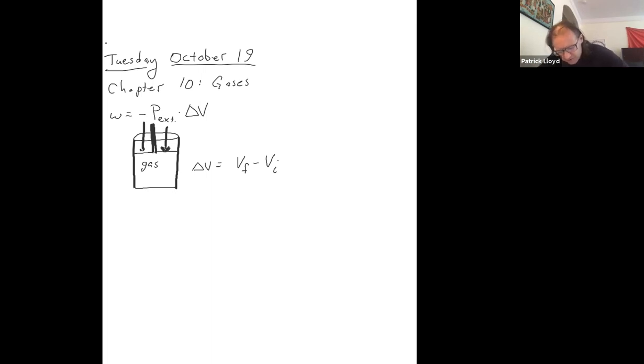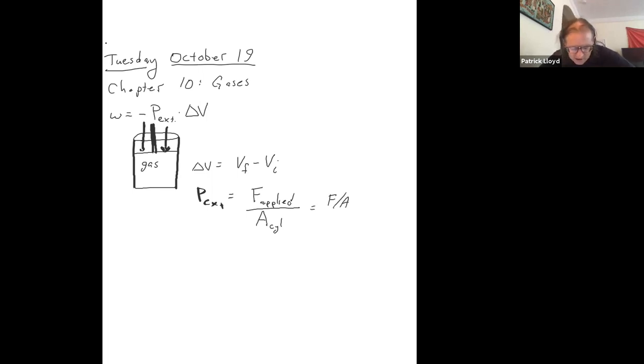And we said that the external pressure was equal to the applied force divided by the surface area of the cylinder. All right. So force over area. Typically, people just write that as force over area.